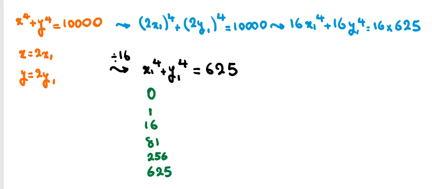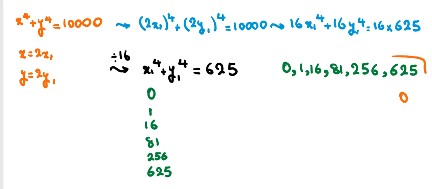So if we want to check different cases, for 625 we should find it from these numbers. So let's consider 0, 1, 16, 81, 256, 625. We can't use a larger number. So if it is 625, the next number should be 0. It is one answer, and we should focus on that.